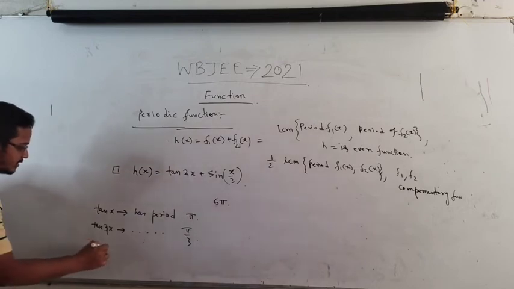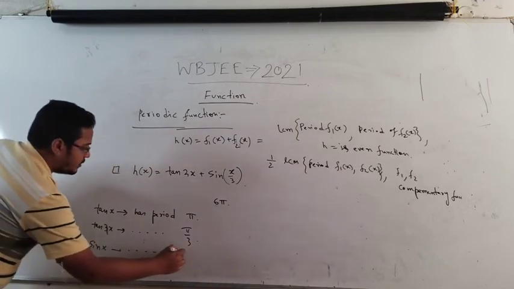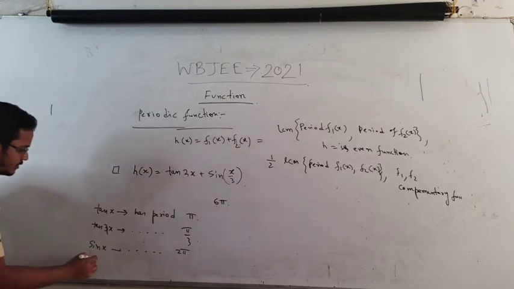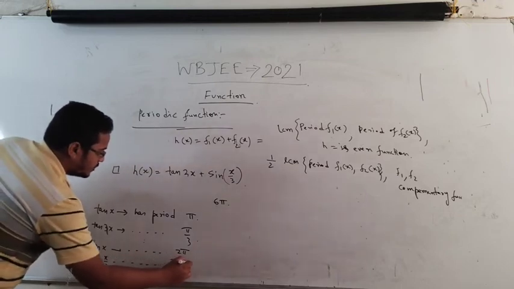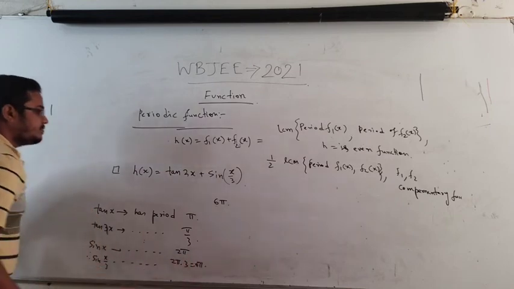Sin x has period 2π, therefore sin(x/3) has period 2π times 3, that is 6π.